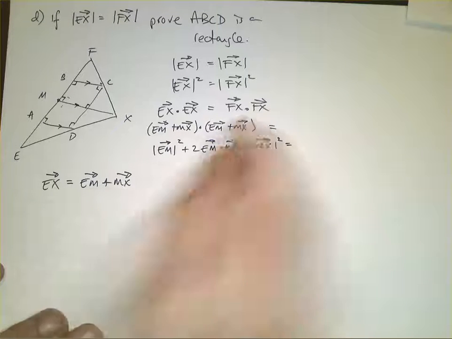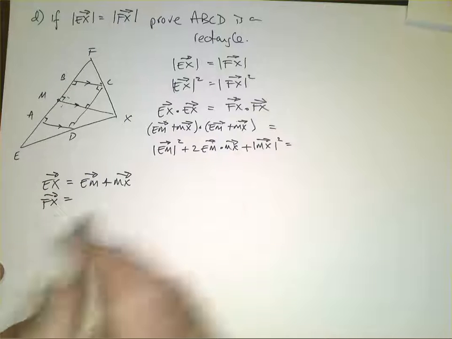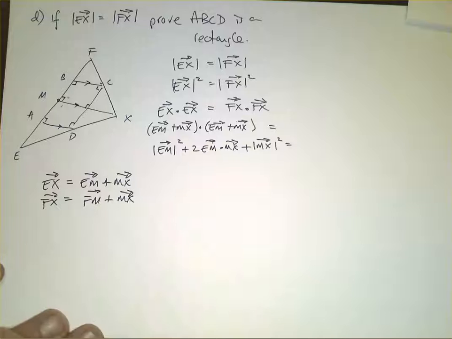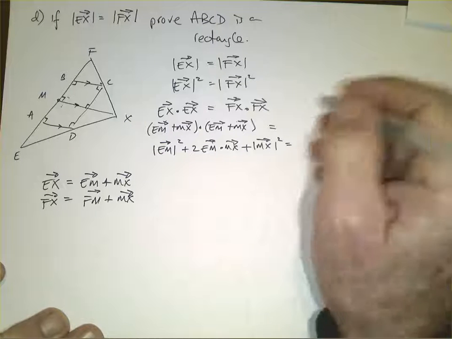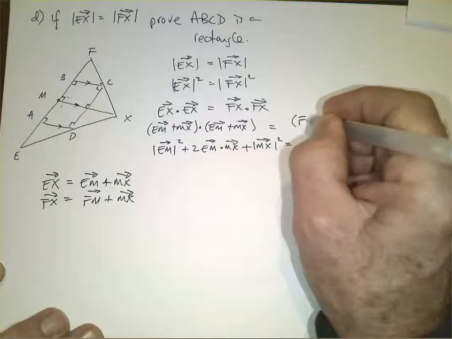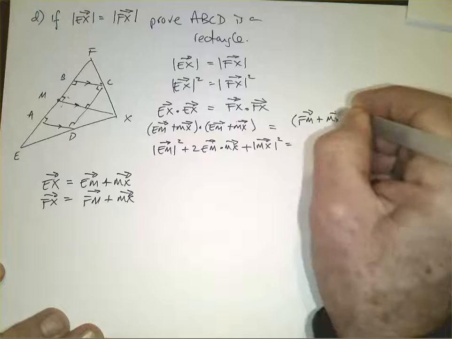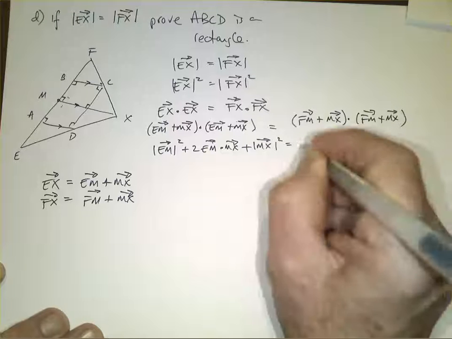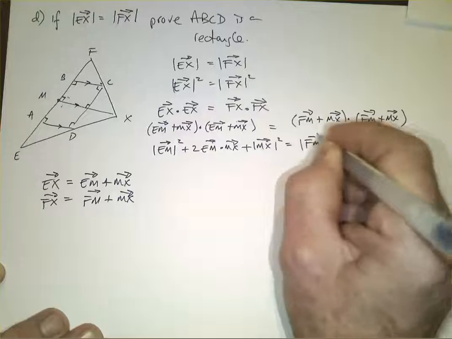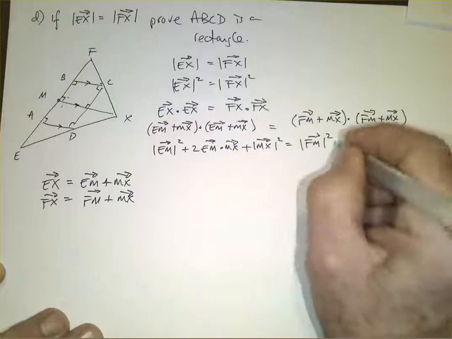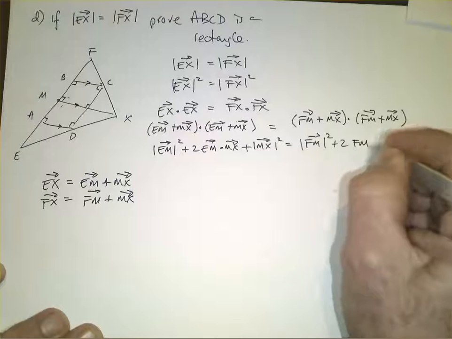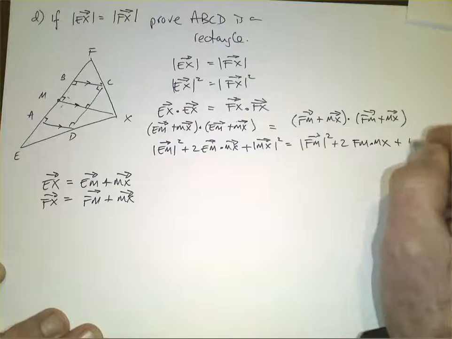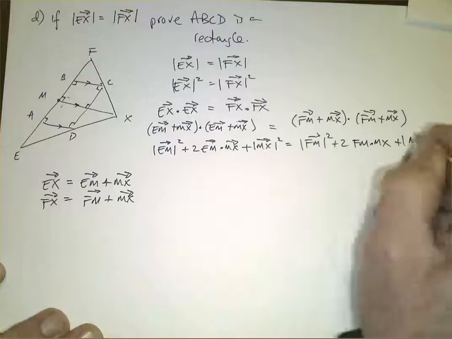And what's the other one? FX equals FM plus MX, and that's going to be (FM plus MX) dot (FM plus MX), which is the magnitude of FM squared, because it's FM dot FM, plus 2 FM dot MX plus MX magnitude squared.